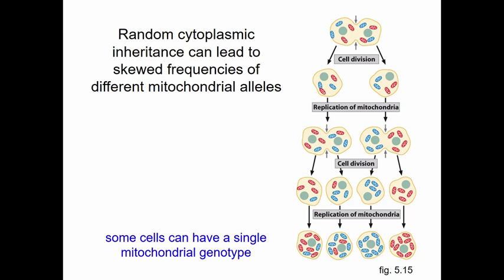You're going from one big cell that's 2N down to one big cell that's just N, and you get those two polar bodies that are like little bumps on the outside of the mature egg, and they contain nothing but chromosomes that are just going to get disintegrated and thrown away.